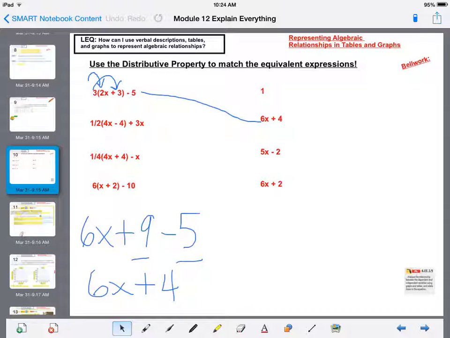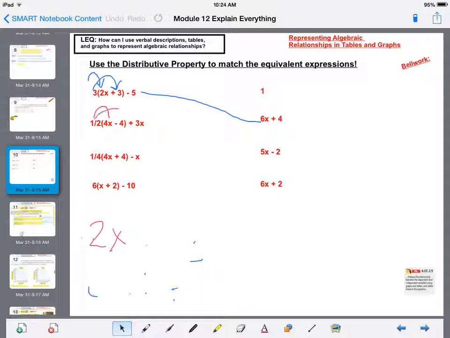Let's go ahead and erase this, and let's do the next one. Okay, the next one is half of 4x, which would be 2x. Half of negative 4 is negative 2.